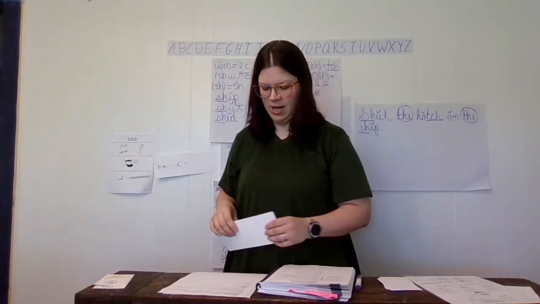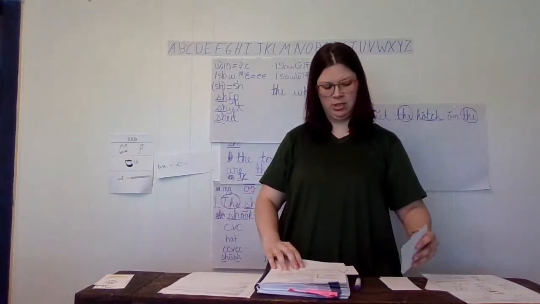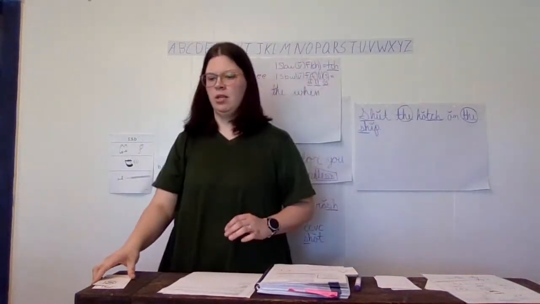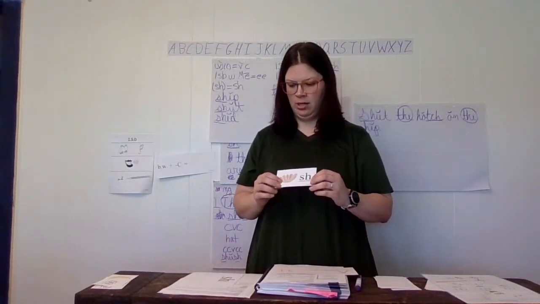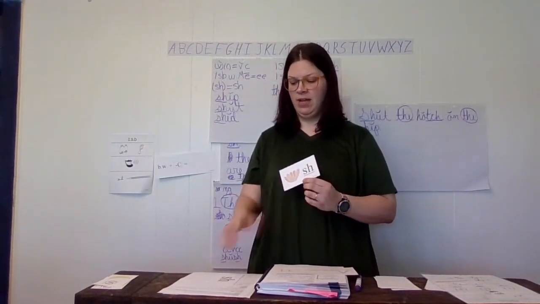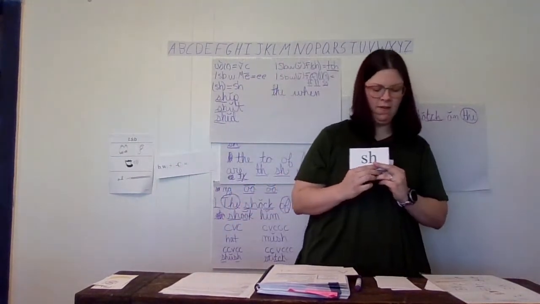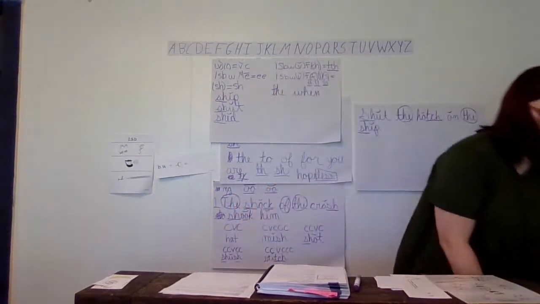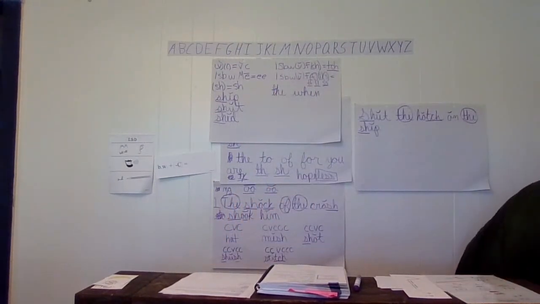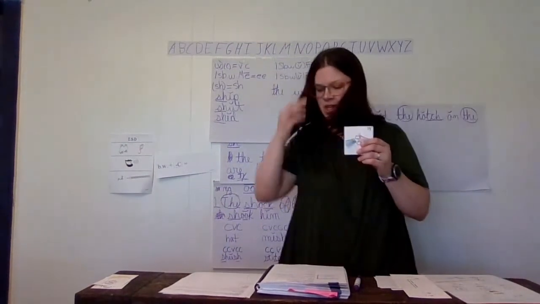All right, so today we learned that the sound sh is spelled by using digraph SH. And we call that a fat stream. Let me get my mouth picture. Call that a fat stream. It looks like this.